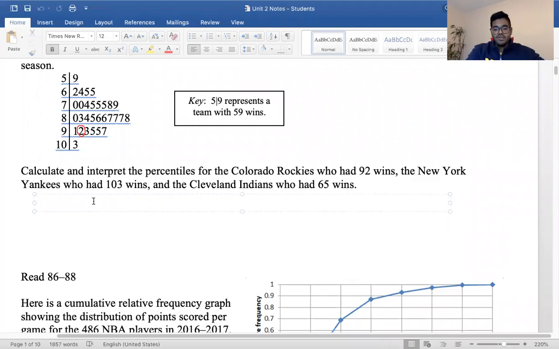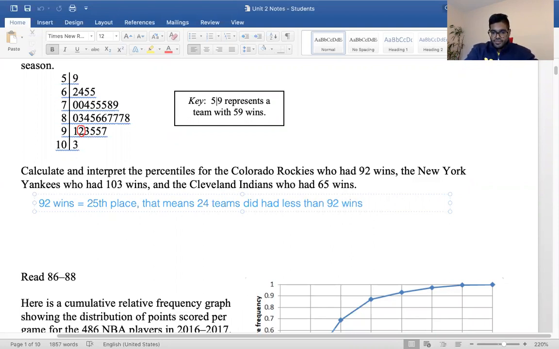So 92 wins equals the 25th place. Okay. If I just count this up, this is the 25th number. And so what does that mean? That means 24 teams had less than 92 wins.